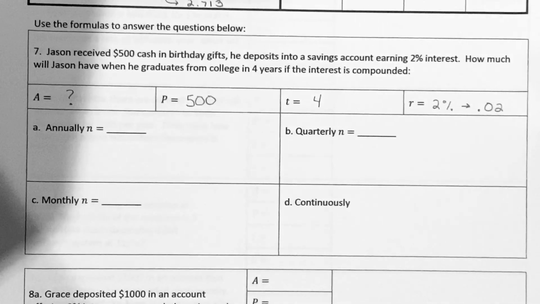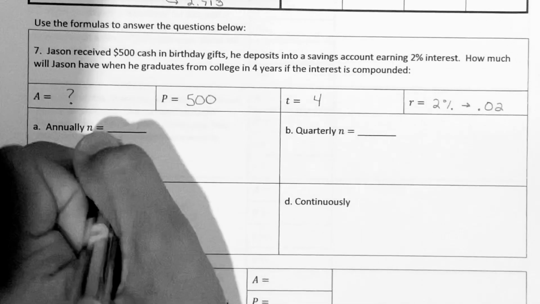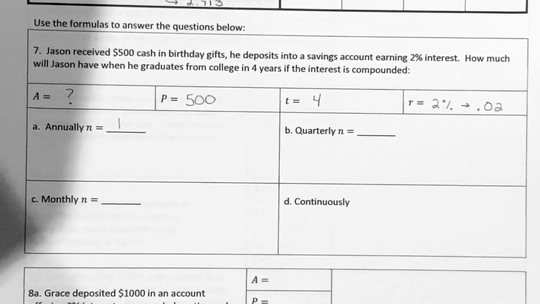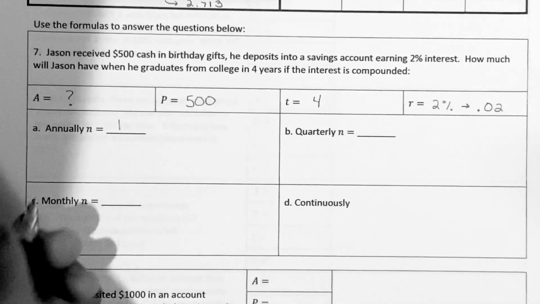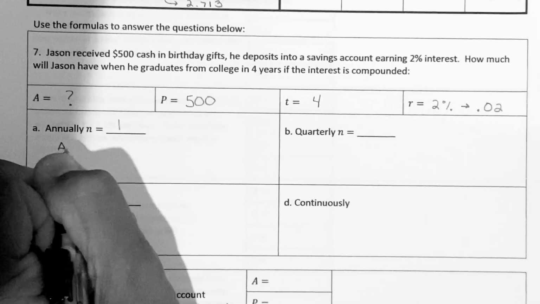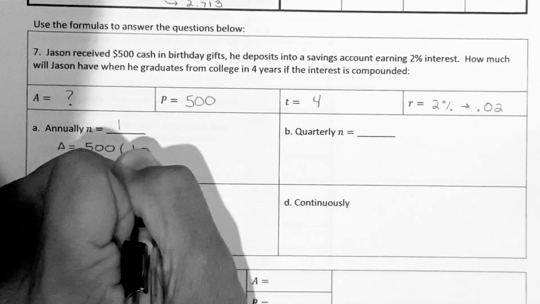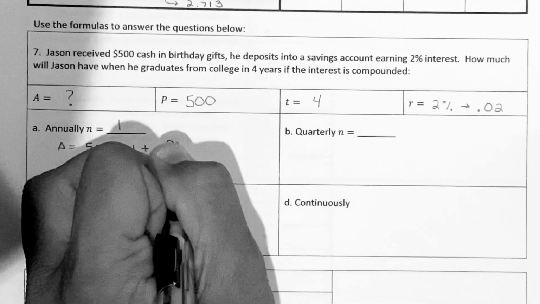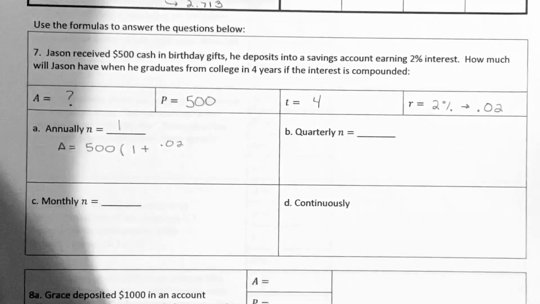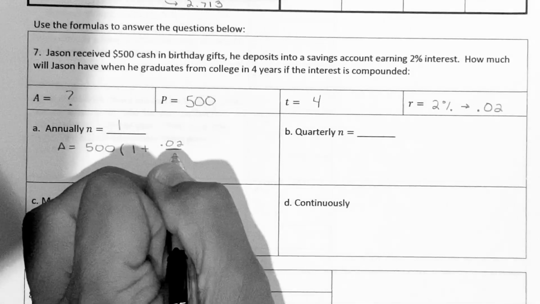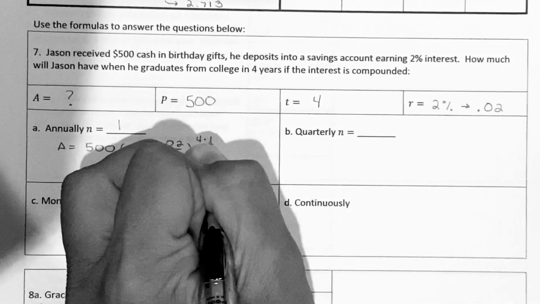All right. So if it's compounded annually, that is once per year, and we're going to be using our compounded n times formula at the top. So A equals P, 500, times 1 plus the rate 0.02 over n, which is 1, raised to the T times n, 4 times 1.